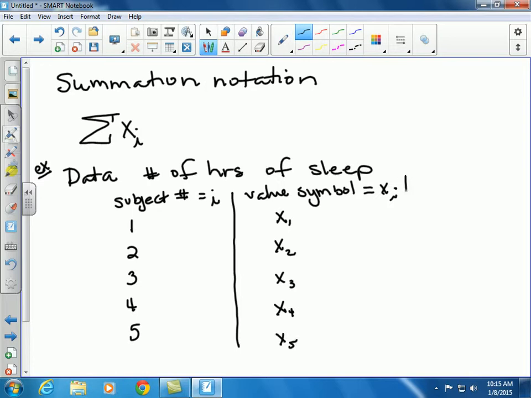And then this is where we have the data value. If the first subject maybe slept 3 hours a night, the second subject slept 12 hours a night, the third subject slept 8, the fourth slept 16, whoa, lots of sleep there, and the last subject slept 5 hours.